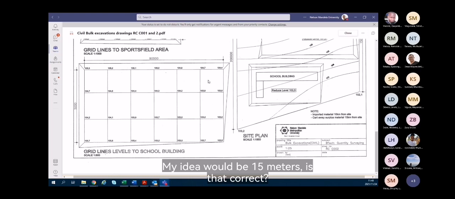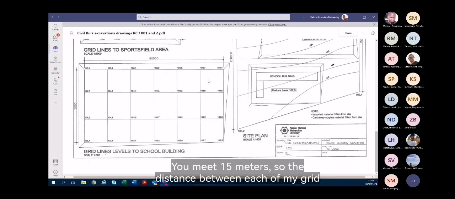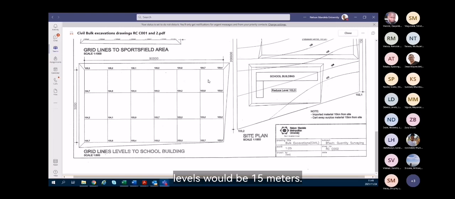My D would be 15 meters. Is that correct? Because 90 divided by 6 gives me 15 meters. So the distance between each of my grid levels would be 15 meters over there.